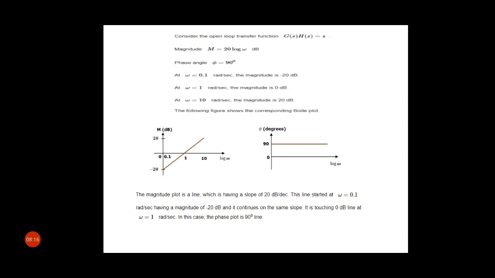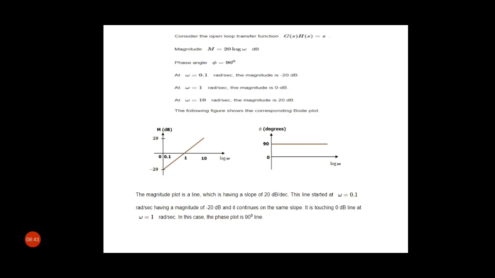At omega equal to 0.1 radian per second, the magnitude is minus 20 dB. If omega equals 1 radian per second, then the magnitude is 0 dB, and if omega equals 10 radian per second, then the magnitude is 20 dB.